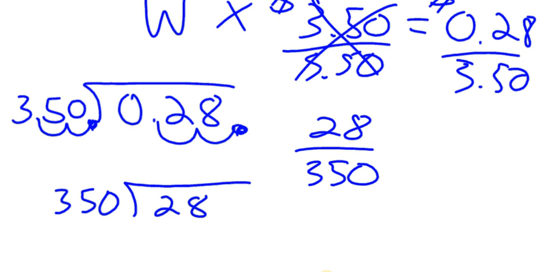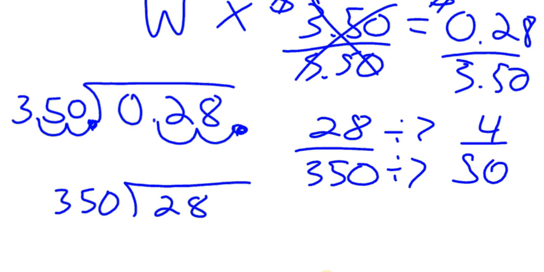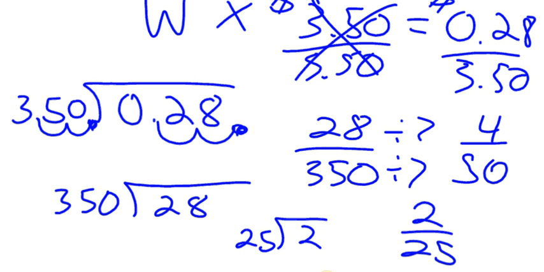Put it back into the fraction. I'm going to divide by 7. Divide by 7. That gives me a 4 and 4/50ths, which gives me 2/25ths. Now 2 divided by 25, that's easier. I'm going to get the same answer as this because they're equivalent. I'm going to put a decimal here. I can already see the relationship.